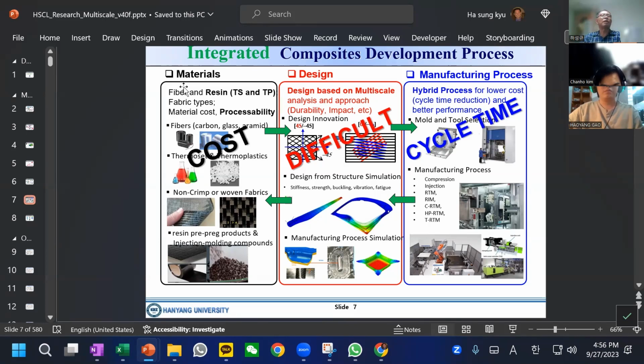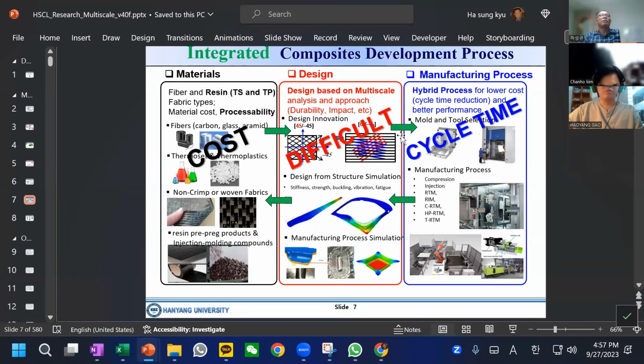So a conventional company has each division, role, and department. With composites, there cannot be a separate role. We have to understand all of them. That's why companies have problems maintaining engineers and administrating all the tasks.